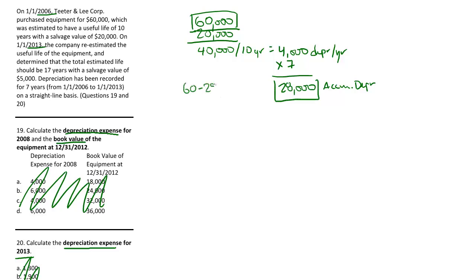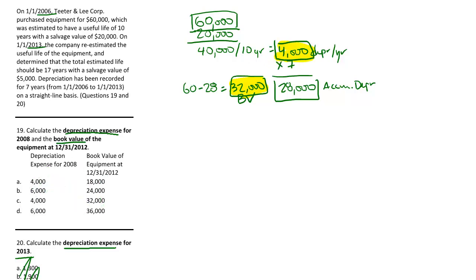So 60 minus 28 gives us a book value of $32,000. Okay, that was what we were looking for: book value and the depreciation expense for the year. Let me just highlight those real quick.